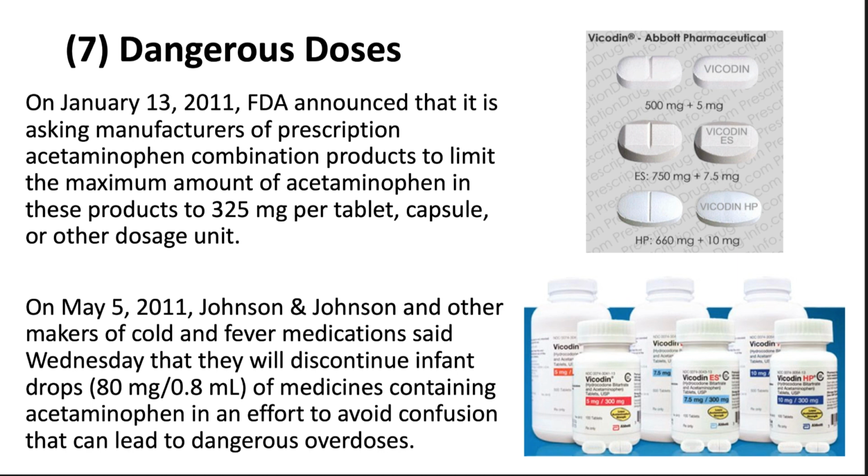The Vicodin ES product contained 7.5 milligrams of hydrocodone, but a whopping 750 milligrams of acetaminophen. Then they came out with an even higher potency Vicodin that had 10 milligrams of hydrocodone, and again a large dose of 660 milligrams of acetaminophen.